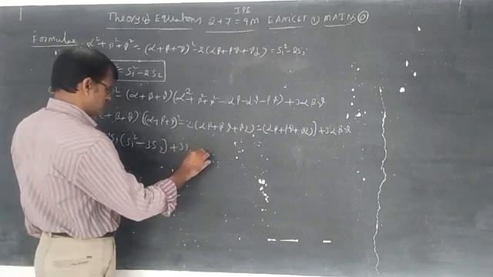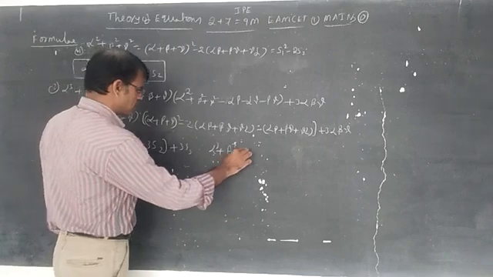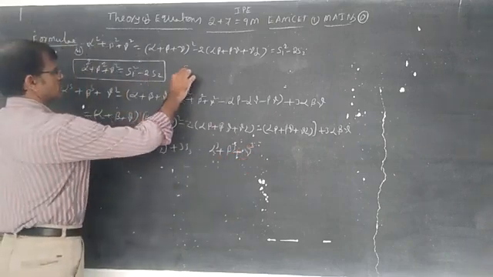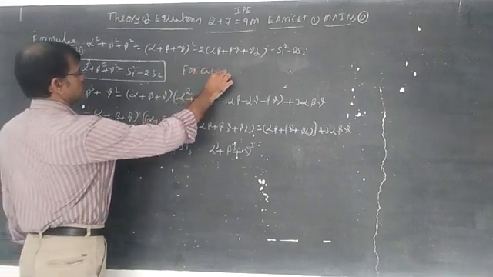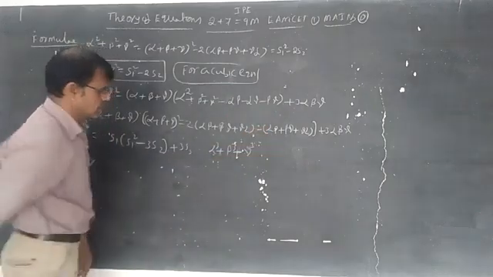Therefore I am going to write now alpha cube plus beta cube plus gamma cube. For a cubic equation these are the relations.